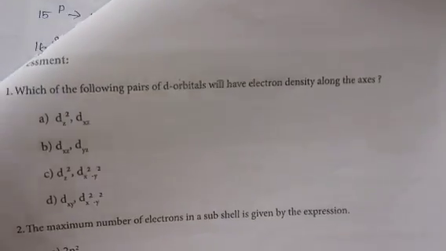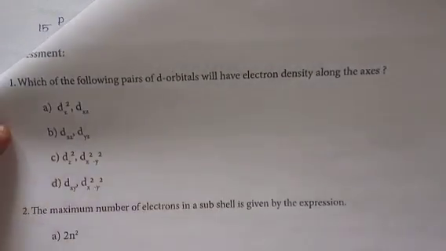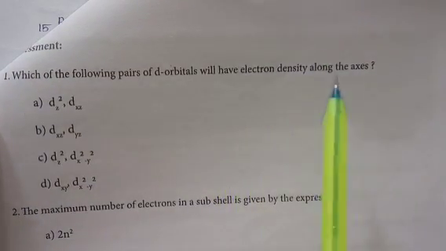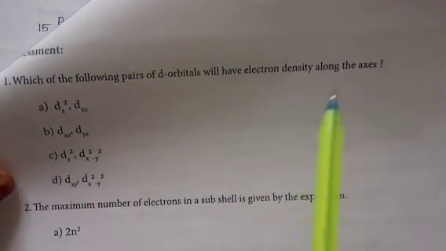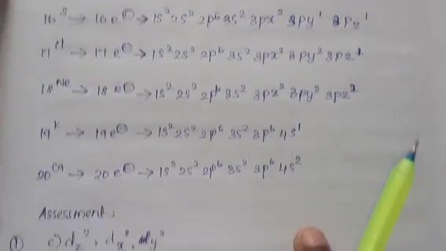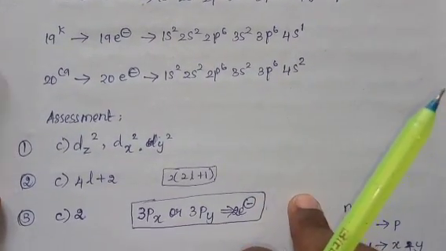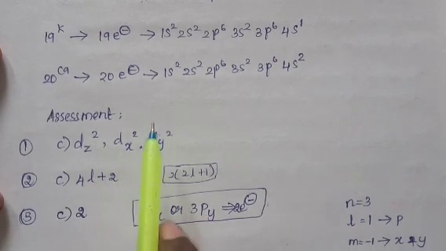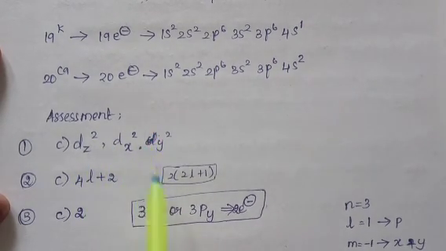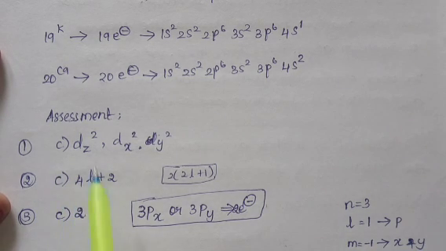Next, assessment question. Which of the following pairs of d orbitals will have electron density along the axis? For the assessment answer, for the first one the option is C, dx2-y2 and dz2. For the second one the option is C, 4l plus 2, because the formula is 2 into 2l plus 1, so the answer is 4l plus 2.